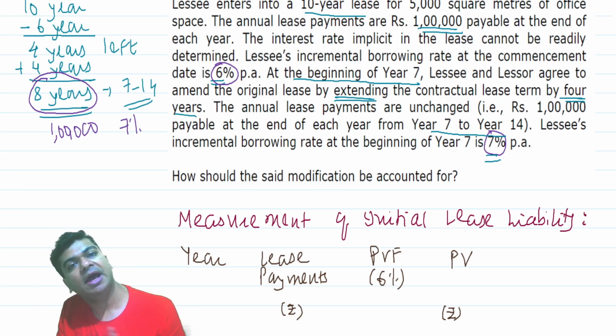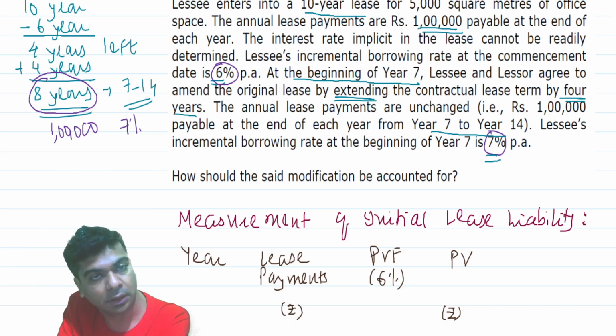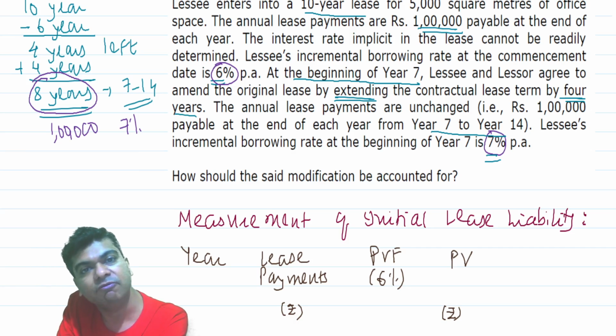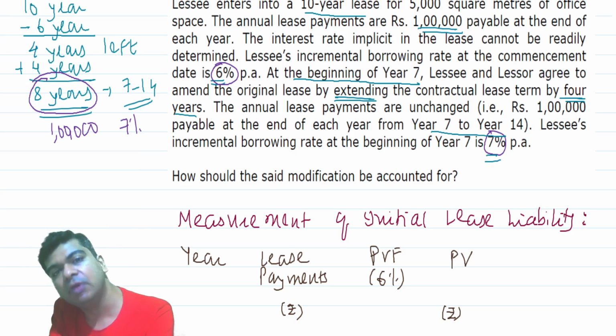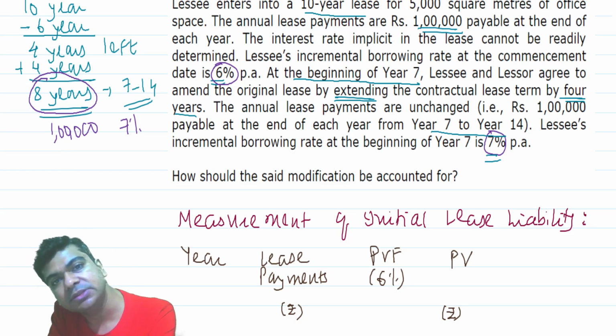Consider it to be a fresh lease. Just think for a moment that it's a fresh lease that you are signing at the beginning of the 7th year. If you are signing a fresh lease at the beginning of the 7th year, then we will argue that this is a lease for 8 years, where the rent will be 1 lakh and where the discount rate will be 7%. Using that, I will find out what is the modified lease liability.